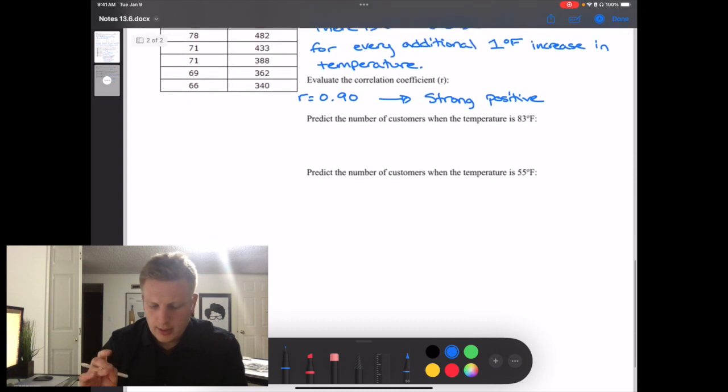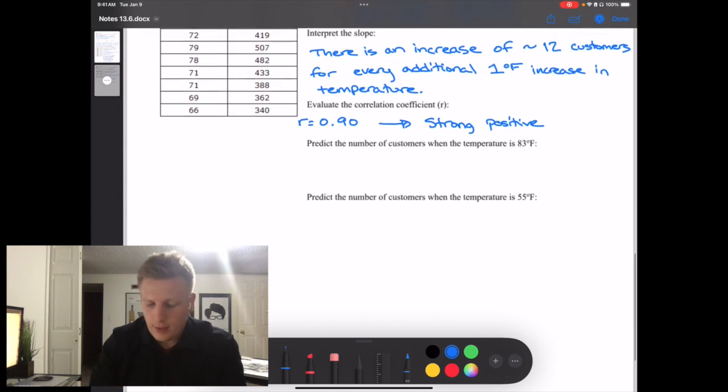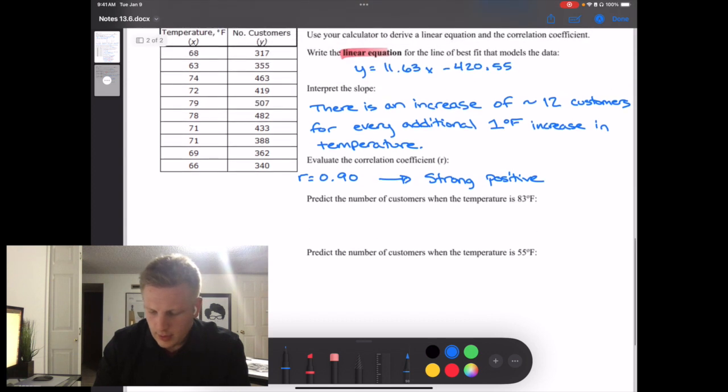Okay, the last two on here is that we're going to predict the number of customers when the temperature is 83 degrees Fahrenheit. So all I have to do is jump to my equation here. Since it's 83, we're going to plug 83 into our function, minus that b value there.